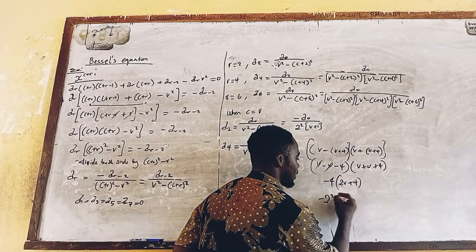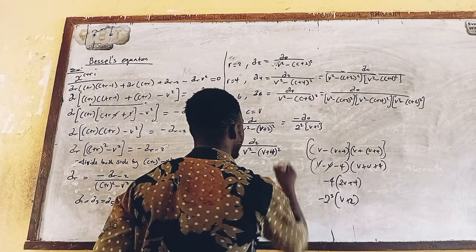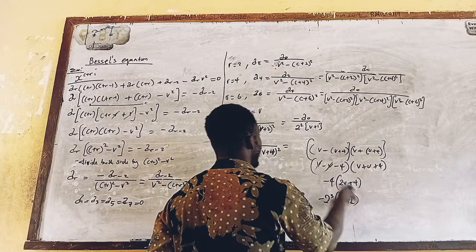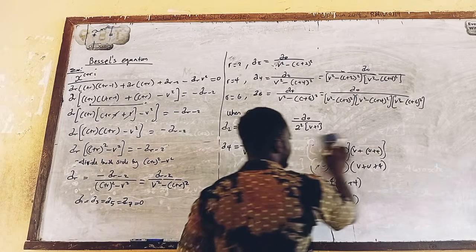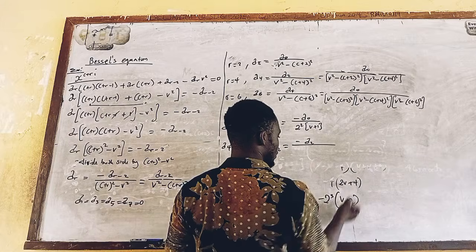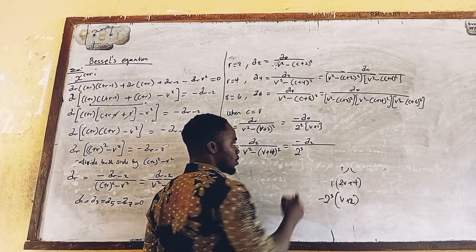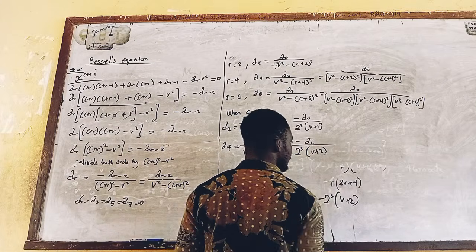That will be minus 2 raised to power 3. Then it remains v plus 2. So if I solve this, I'm going to arrive at minus a2 over 2 raised to power 3 (v plus 2). Remember, it's the minus that goes up. So we have v plus 2.